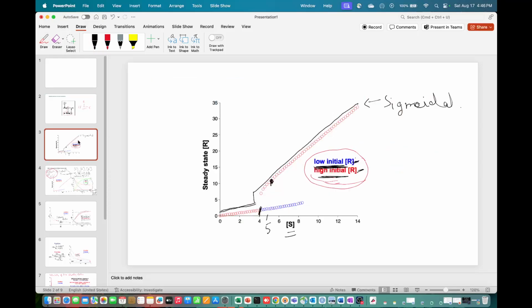If you also plot the steady state of R against the concentration of S, the initial value of R also determines how the system behaves. If you have a low initial value, this will be a linear plot like this. If you have a high initial value, this is a sigmoid. So there is a jump here, there is a sigmoid plot. Right?